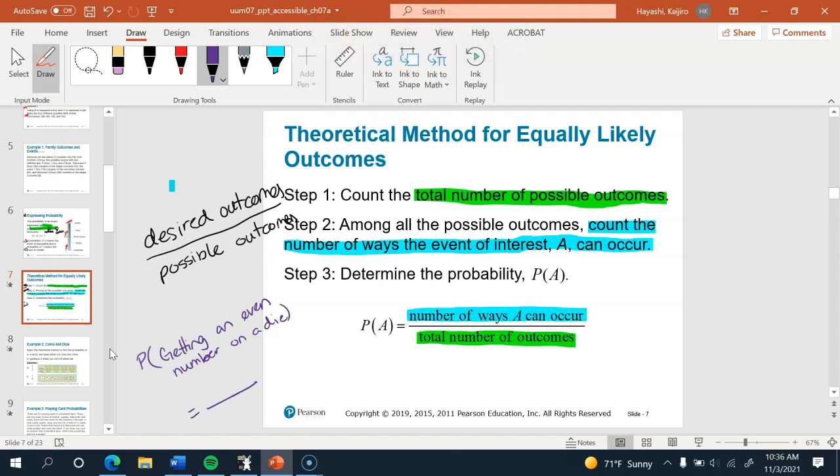Now, if you think about a die, there are 6 ways it can come up. I can have any one of the numbers 1 through 6. Okay, so there are 6 possible outcomes. So that number goes on the bottom.